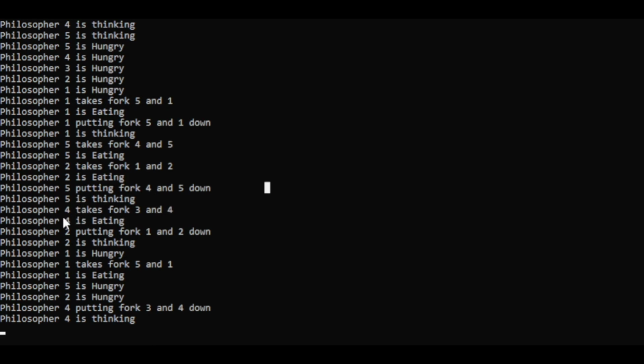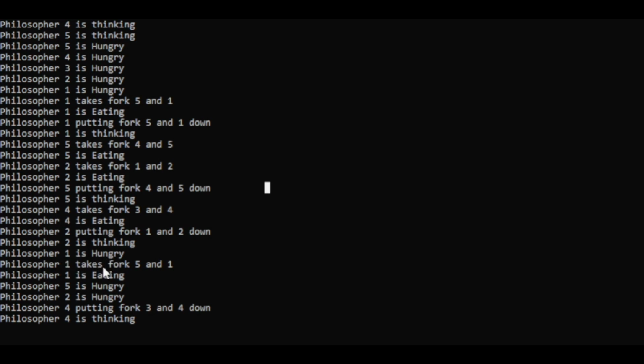So philosopher 4 is eating, and while philosopher 4 is eating, philosopher 2 puts forks 1 and 2 down, so he is thinking. While philosopher 4 is eating, philosopher 1 is hungry.